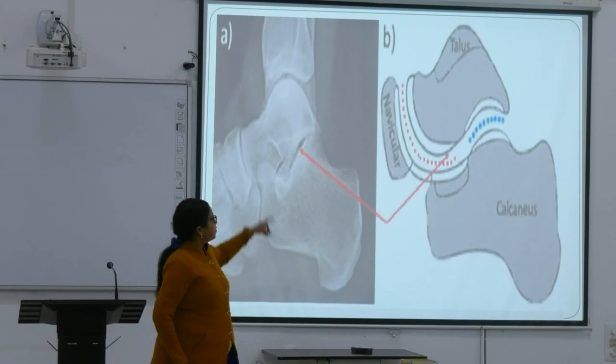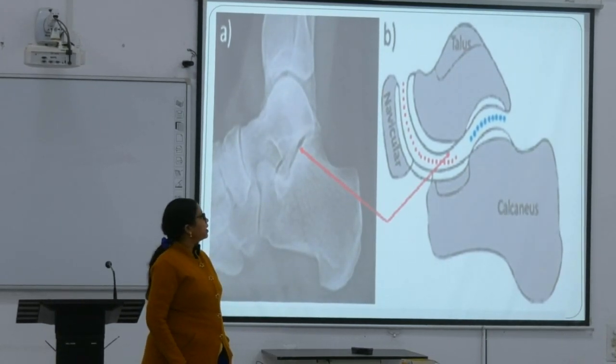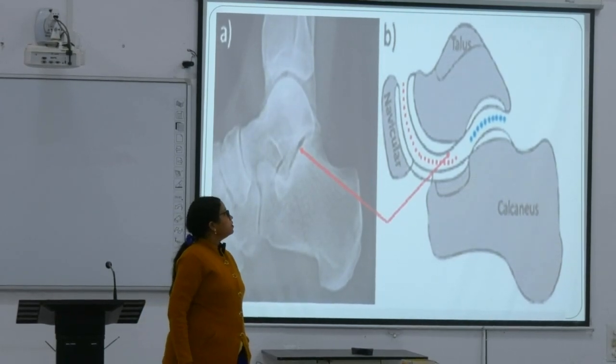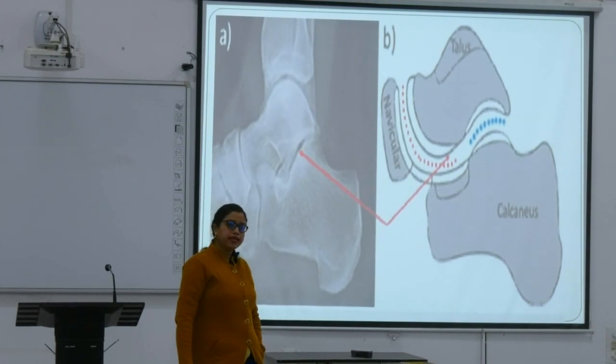Now if you see this red dot, that is completely about anterior and middle facet. Okay, anterior and middle talocalcaneal joint. Whereas you could see talus is convex and the calcaneum is concave completely. Okay. But here at the last one you could see the talus is concave and the calcaneum is convex area.